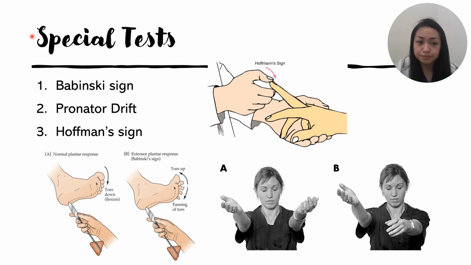And why does that happen? Well, that happens because upper motor neurons inhibit the dorsiflexors. The dorsiflexors are responsible for pointing the toes up to the roof or to the ceiling, yeah? If you have a lesion in the upper motor neuron, this means that you lose the inhibition of the dorsiflexors.